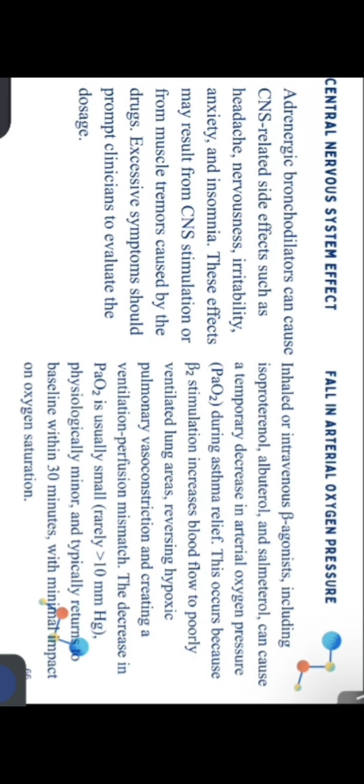Yan. Now we have yung fall in arterial oxygen pressure. Sabi dito na inhaled or intravenous B agonists including isoproterenol, albuterol, and salmeterol can cause a temporary decrease in PaO2 during asthma relief. This occurs because beta-2 stimulation increases blood flow to poorly ventilated lung areas, reversing hypoxic pulmonary vasoconstriction and creating a ventilation-perfusion mismatch.